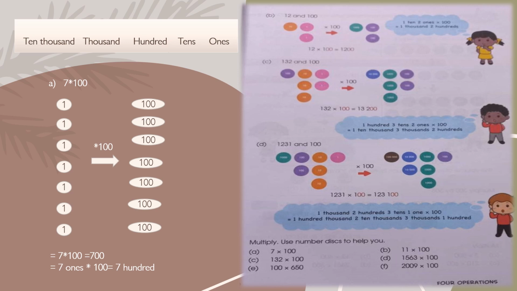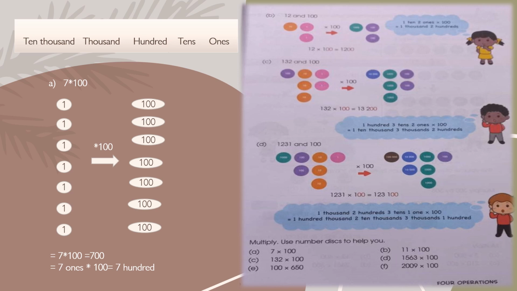And we have 2 discs of 100 because 1 multiplied by 100 is equal to 100. So we have 10,000, 3,000, 200, if we multiply 100, 3 tens and 2 ones with 100.